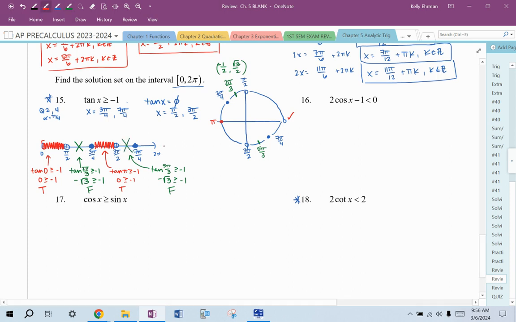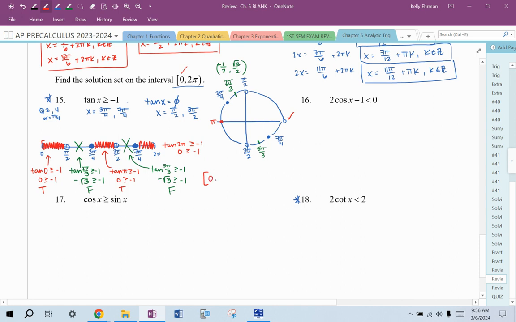We can plug in 2 pi, and that would be the same result, right? Tangent of 2 pi is greater than or equal to negative 1. That's back to 0. So this section is a solution as well. We've got to watch our brackets here. So 0 is closed because it's closed here, and we had a true statement when we did plug in 0.